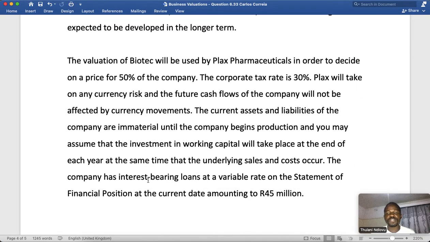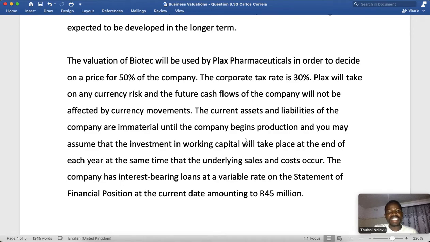The valuation of biotech will be used by Plugs Pharmaceuticals in order to decide on the price for 50% of the company. The corporate tax rate is 30%. Plugs will take on any currency risk, and the future cash flows of the company will not be affected by the currency movements.